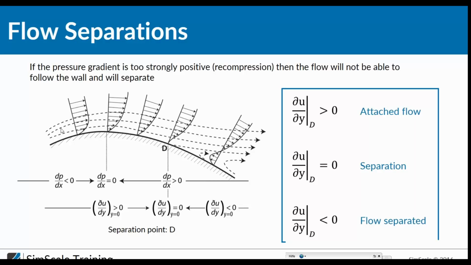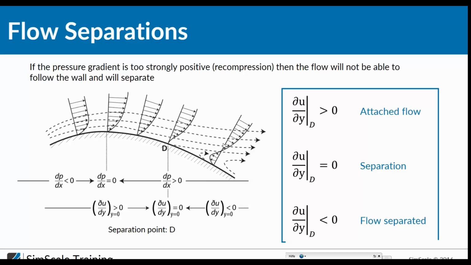And as long as this velocity profile is positive, so all vectors are showing in the direction of the infinite flow, the flow will attach to the surface and follow the surface closely. But at some point, as I mentioned, the pressure is also changing along this path, and the flow cannot follow the surface anymore, and the reason is the following.